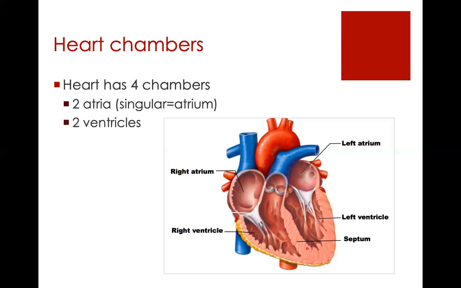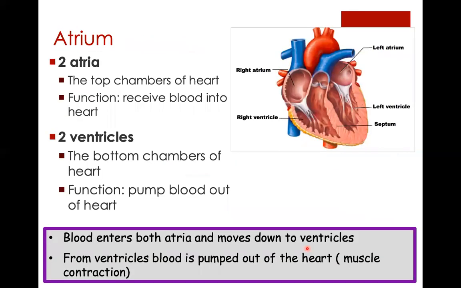Now, let's take a look at the function associated with atria versus the function associated with your ventricles. Atria, the 2 top chambers of the heart, are identified as the receiving chambers of the heart. What does that mean? When blood comes into the heart, doesn't matter if it's deoxygenated or oxygenated, the first point of entry is your atria.